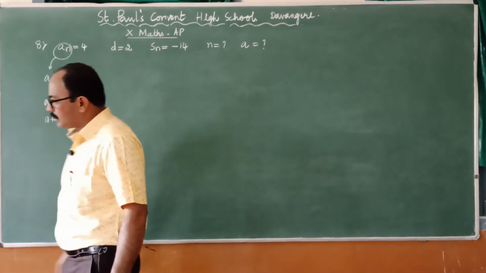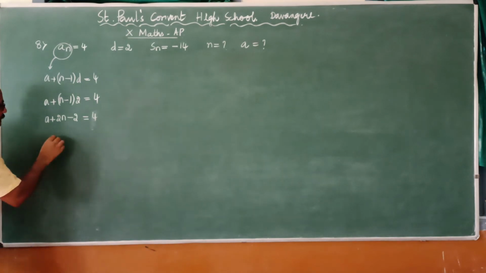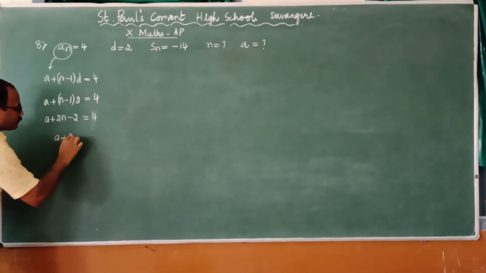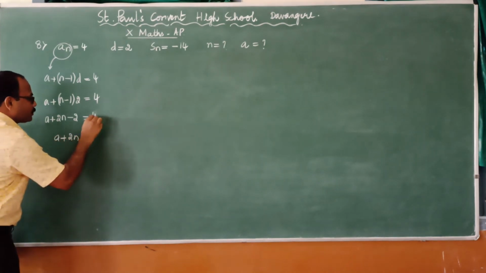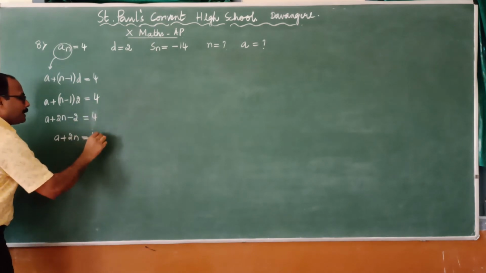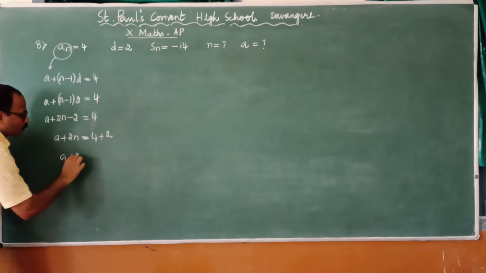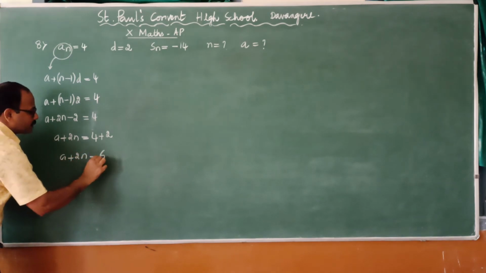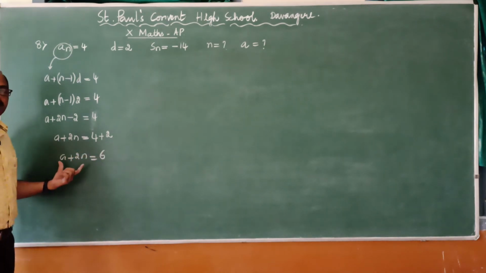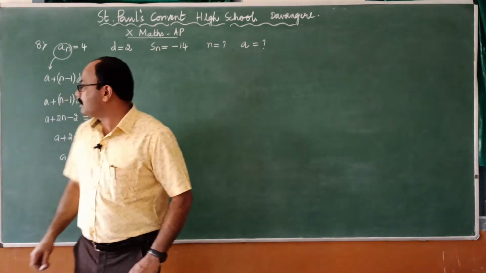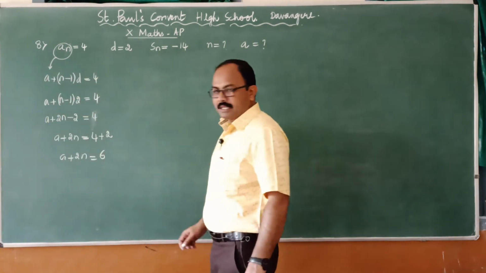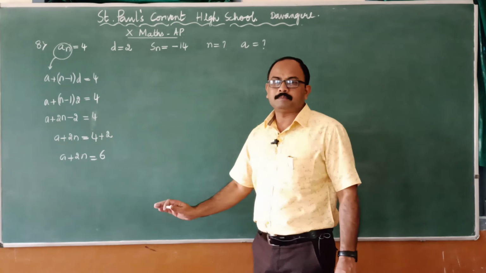Next, a plus 2n will be equal to 4 plus 2 on transposition. A plus 2n will be equal to 6, children. We have two variables, a and n. Therefore, we shall stop there.